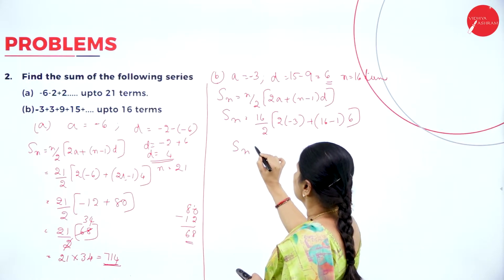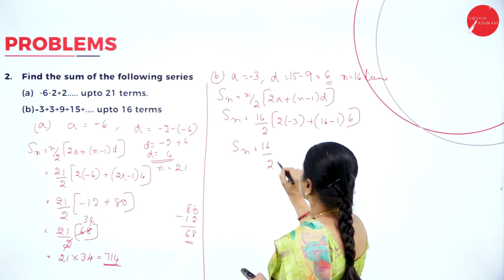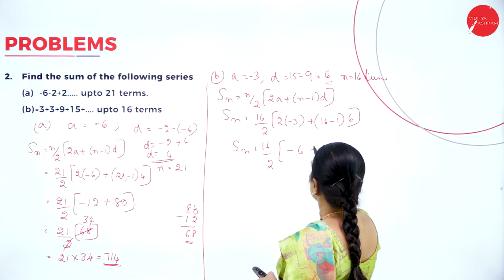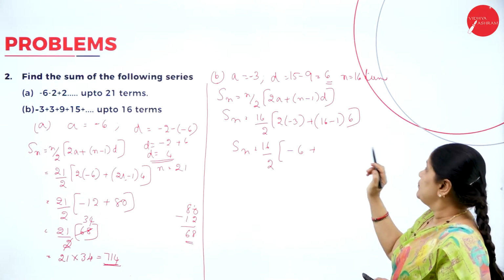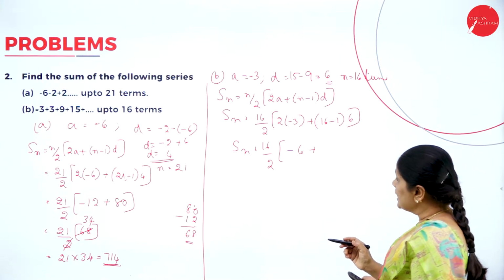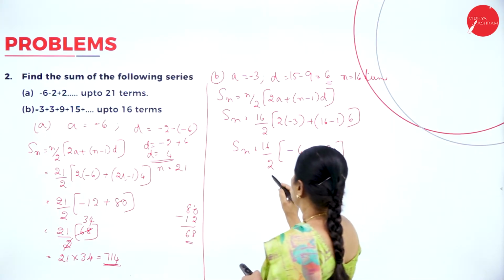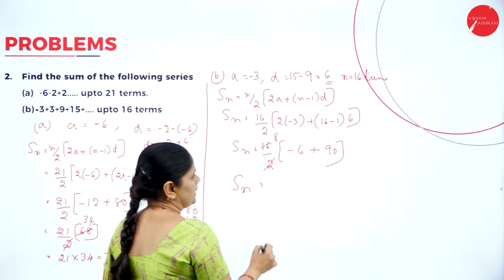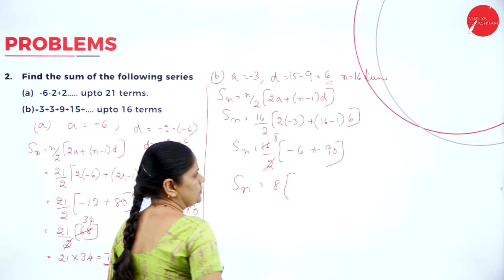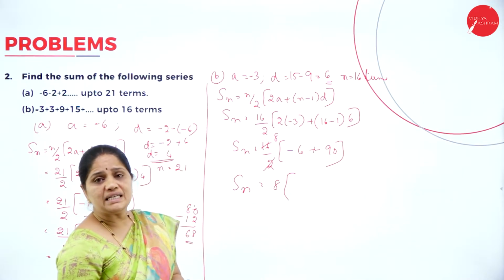So, Sn will be 16 by 2 into minus 6 plus 16 minus 1 is 15. 15 into 6 is 90. So, the next step is Sn will be equal to 8 into 90 minus 6.